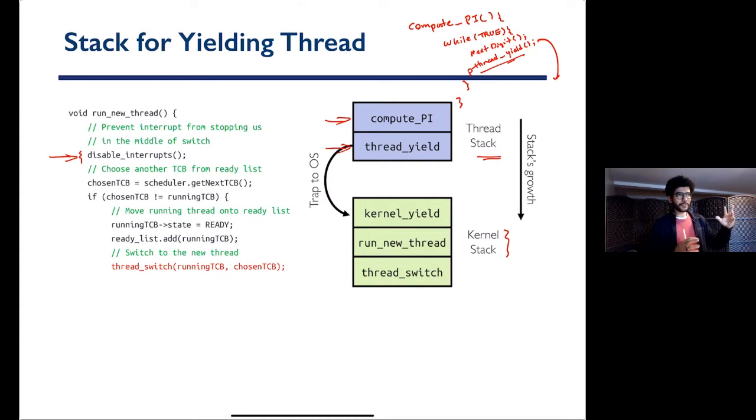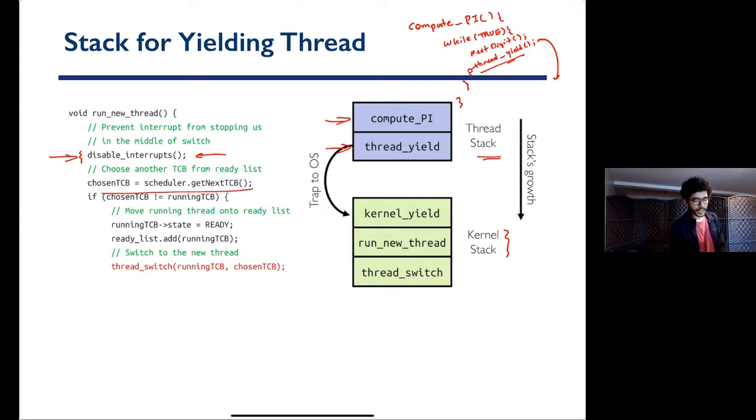And if we change the thread, but we haven't yet changed the stack, and an interrupt happens, then we're going to use the stack of the old thread while the new thread has been chosen to be a different thread, and that's bad. So we want to avoid this. We want changing threads to happen atomically because we're going to use the stack pointer of threads to handle interrupts. That's why I'm disabling interrupts here. I don't want to be interrupted. I want to choose the next thread, start running it, and then I can be interrupted.